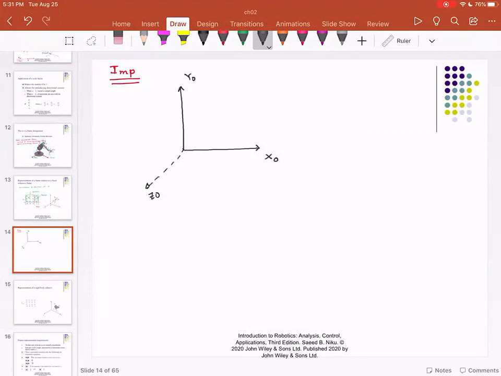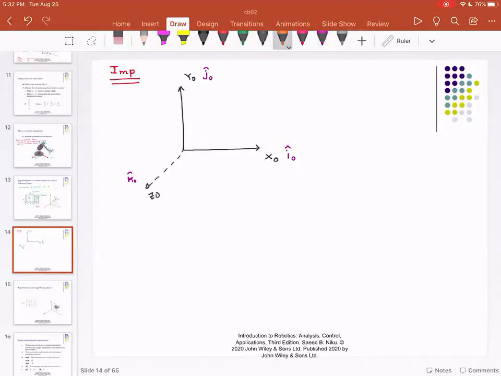So we have x, y, and z. Please note that this is a right-hand coordinate system. I'm going to indicate the unit vectors in the x direction as i naught, j naught, and k naught. So these are the unit vectors.